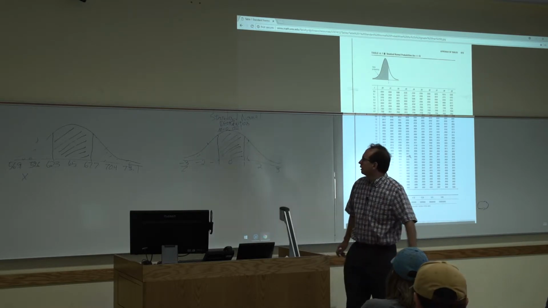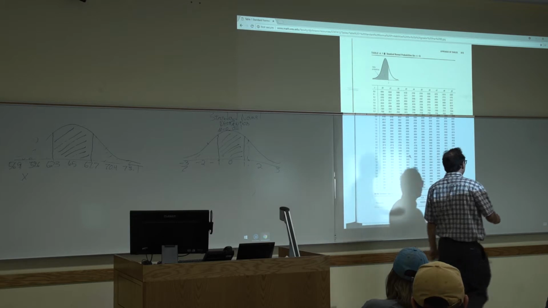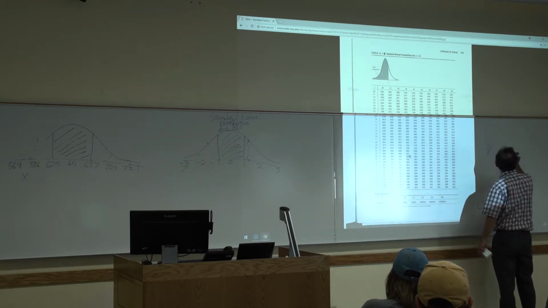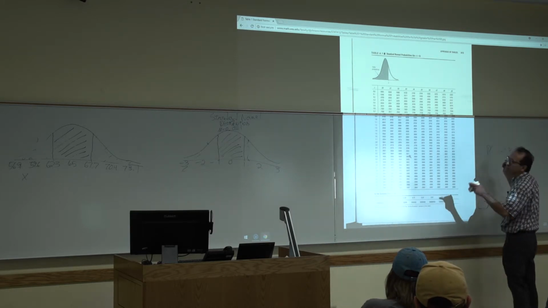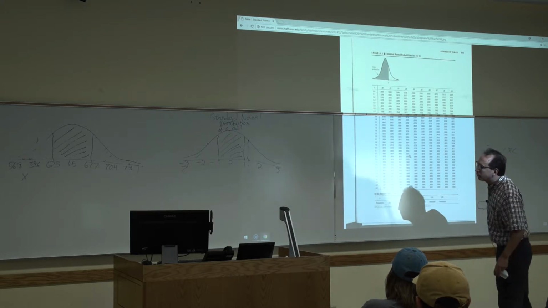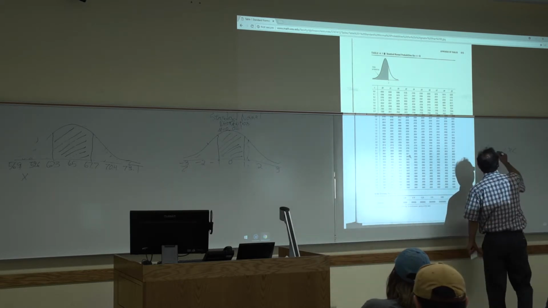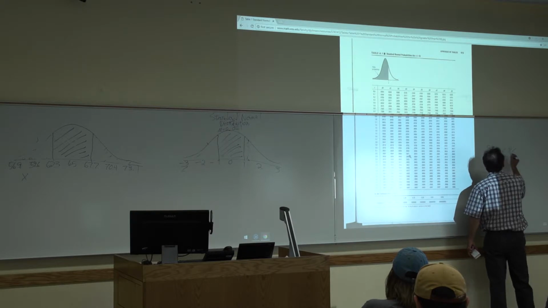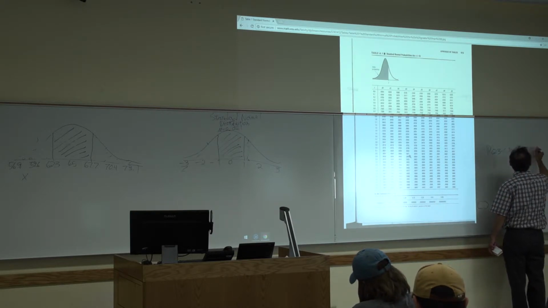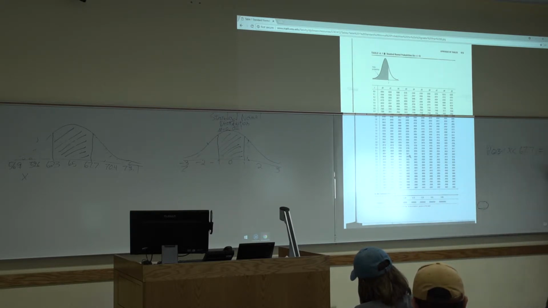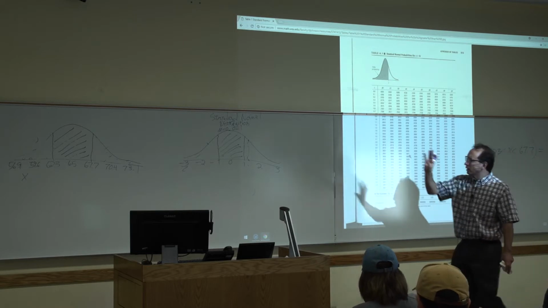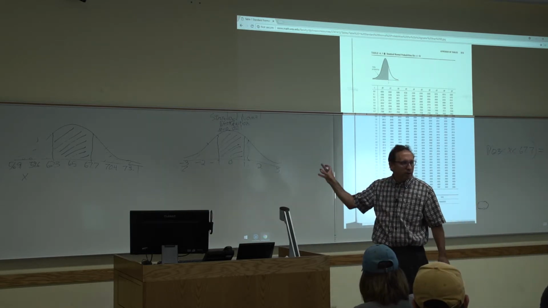Okay? So now let's get back to our task at hand. Suppose I want to figure out the probability that x is between 62.3 and 67.7. We've shown that this is going to be equal to the probability that z is between negative 1 and 1, right? Now, we just figured out negative 1 and 1 from looking at the graphs.